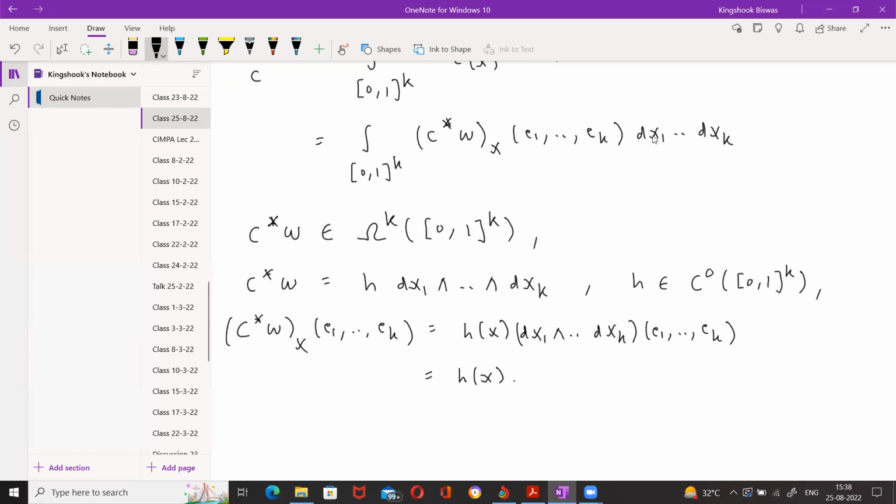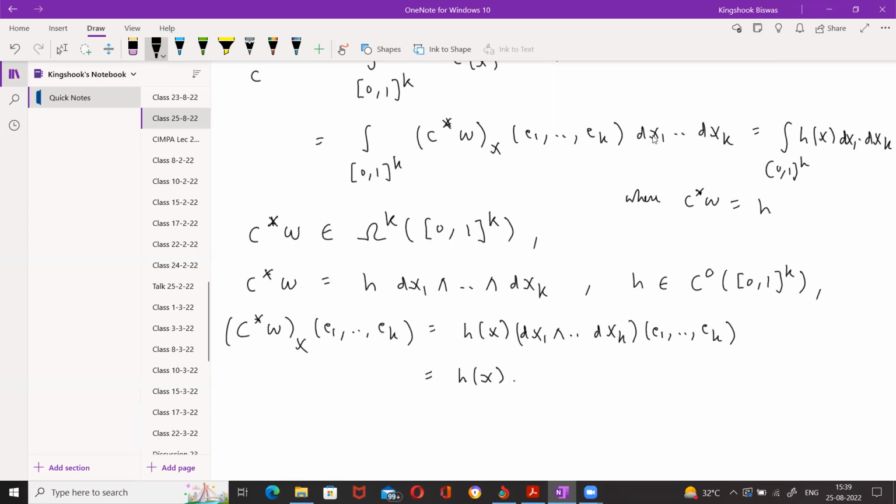So the function that I'm integrating is nothing but h of x, where h is just the coefficient of c star omega.